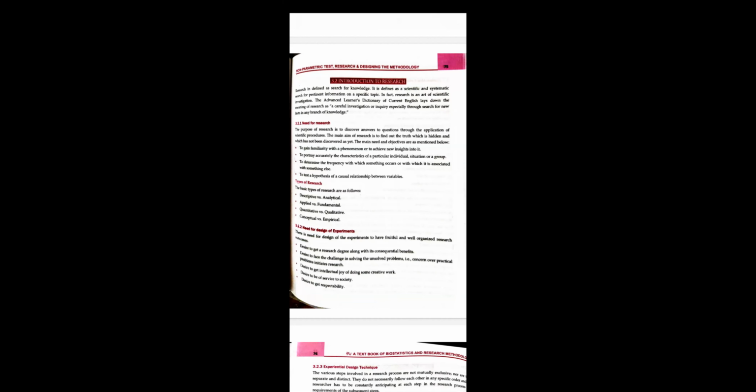In fact, research is an art of scientific investigation. Investigation is to discover new things.